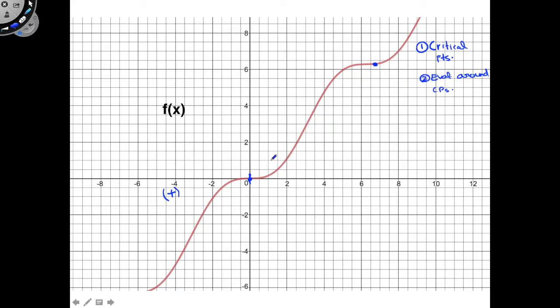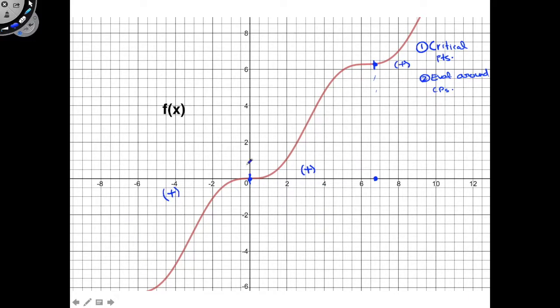Now, what about this side? Well, we're increasing throughout, so it's going to be positive. And beyond this, we're still increasing, so it's also going to be positive, right? So important to note, we're basically positive throughout, but not at a constant rate, which is why we touch the x-axis at many points. All right, so that's the idea.